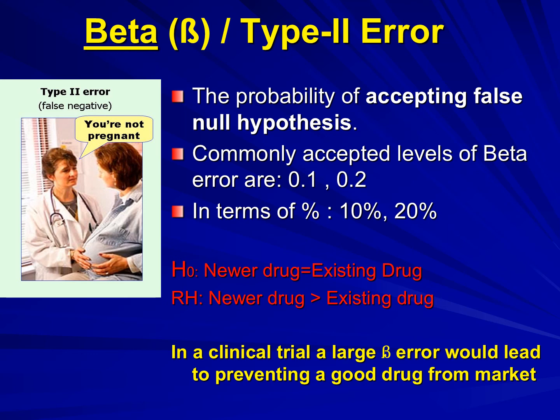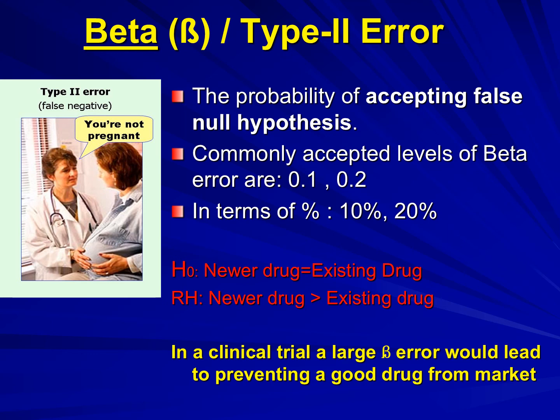And what will be the alternative or research hypothesis? The lady is pregnant. Now which hypothesis, the null or the alternative, is true in reality? We are very sure that the alternative hypothesis, that the lady is pregnant, is true in reality.